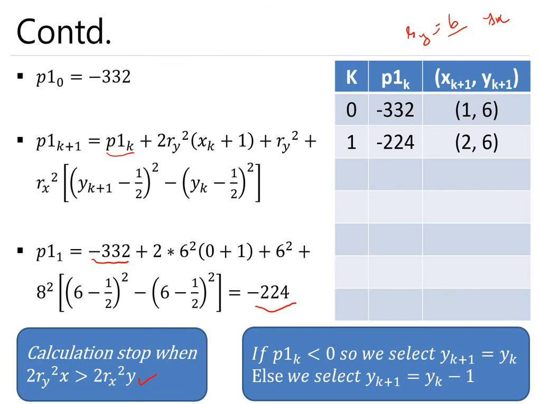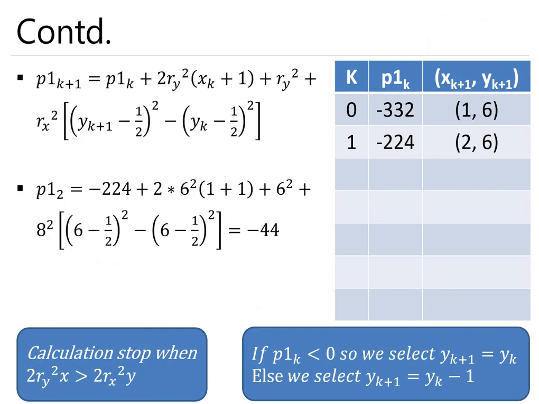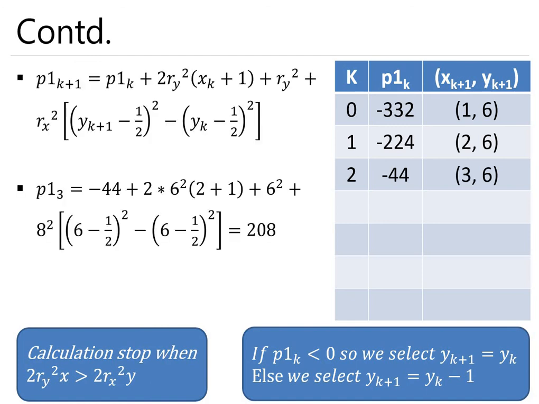Likewise, you will continue to calculate, and then you find that the next iteration is minus 44. That means it is still the same, 6. Next iteration, you will substitute the value of minus 44 here. And then we finally have a positive number, that is 208. That means when we finally have a positive number, we will use this point. That means y will decrease from 6 to 5.